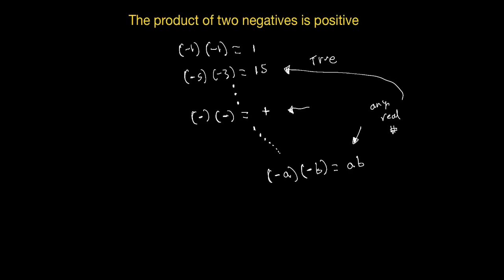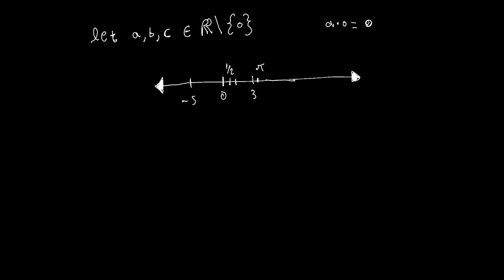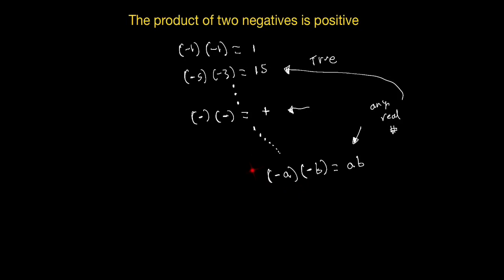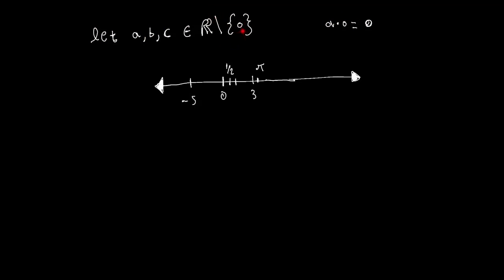Alright, so in order to begin this, I want to be on the same page. So here is just a little notation. I want to let a, b, and c be elements of the real numbers. So any number that you can pick out of this line will follow this property that I'm trying to show, with the exception of 0.